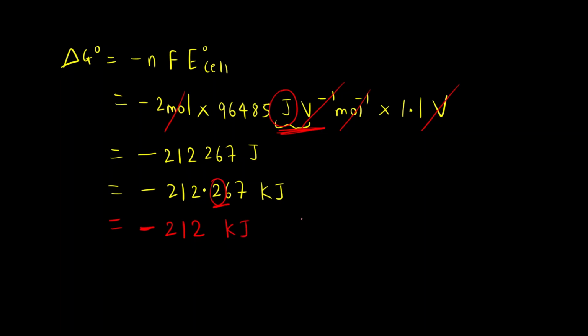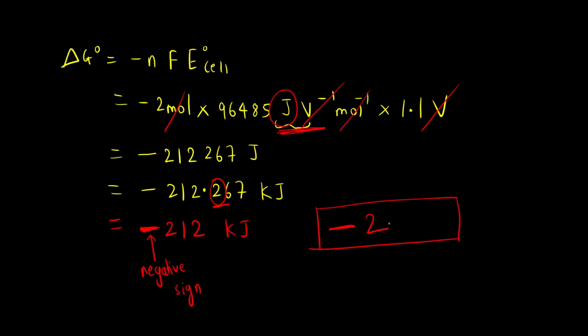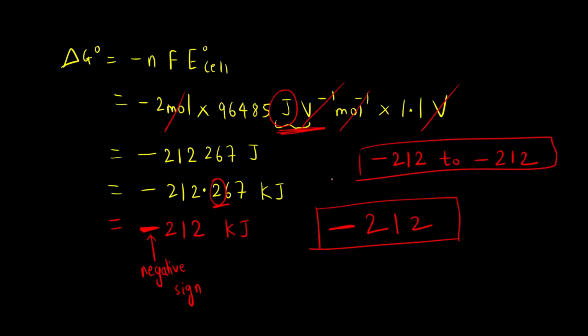Now this is very, very important. Whenever you enter the answer in the answer box, if a negative sign is present, be very, very careful to add the negative sign first. You will get the option of clicking the negative sign. So you first add the negative sign, then you write 2, 1 and 2. In the answer key it is given as minus 212. This is very particular.